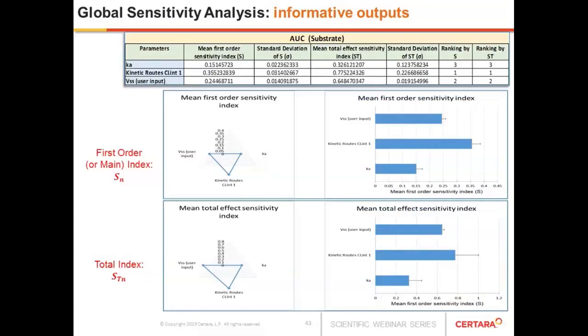In addition, it shows a total index for the same parameter, which shows the impact of that parameter plus the interaction with all the other parameters you selected for the analysis. Here we show two different plots, this radar plot and the bar plot. With these, users will be able to quickly identify which parameters are more influential than others on the output.